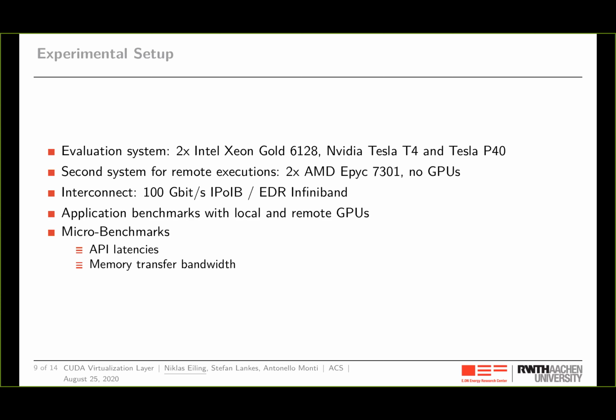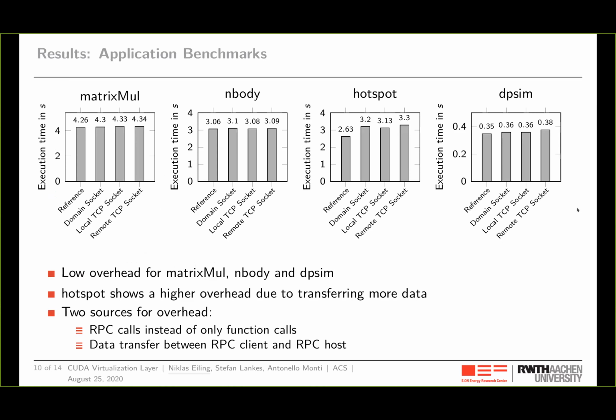We performed a few application benchmarks measuring the performance when using a locally installed GPU and when using a remote GPU. And then also 2 micro benchmarks where we measure the latency of API calls and the memory transfer bandwidth. So first, about the application benchmarks, we used these 4 applications.